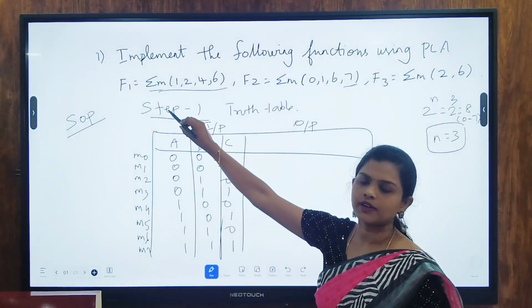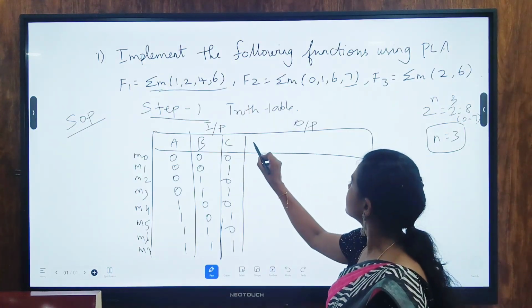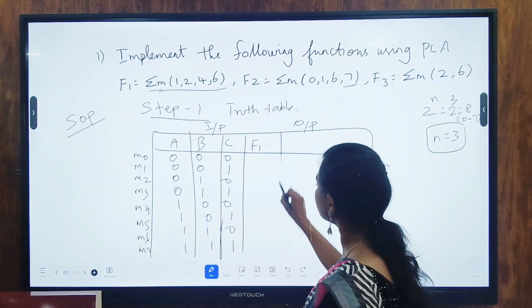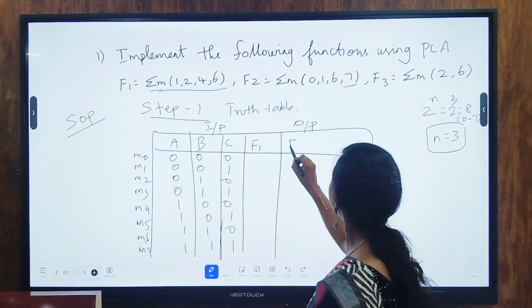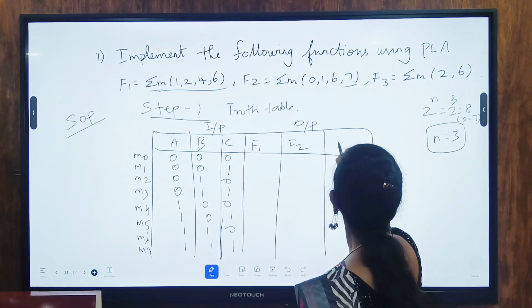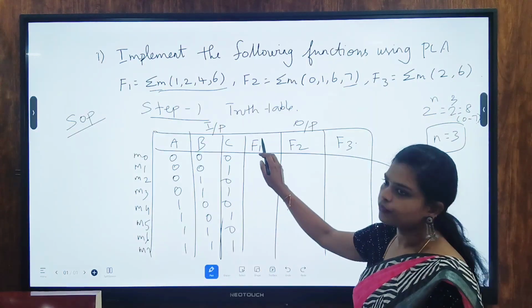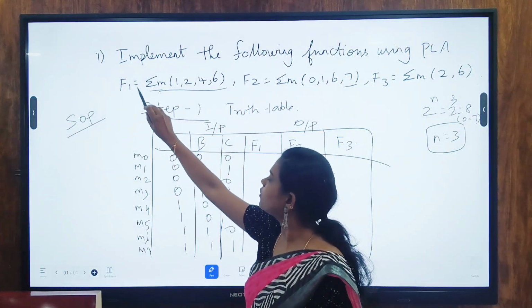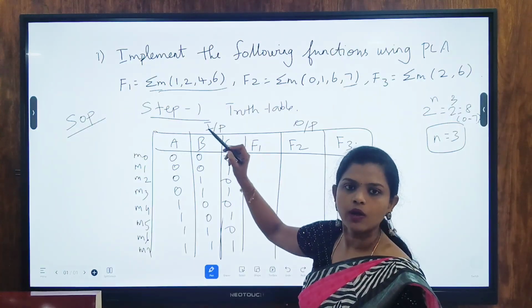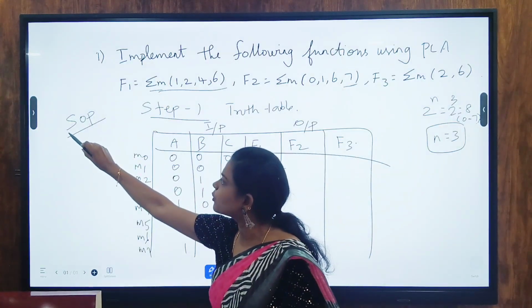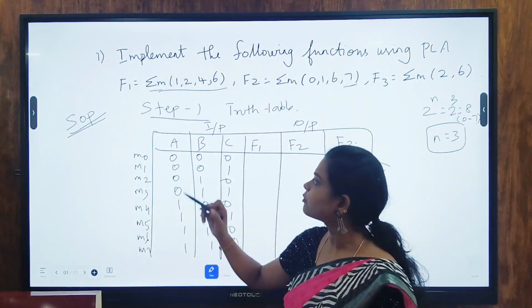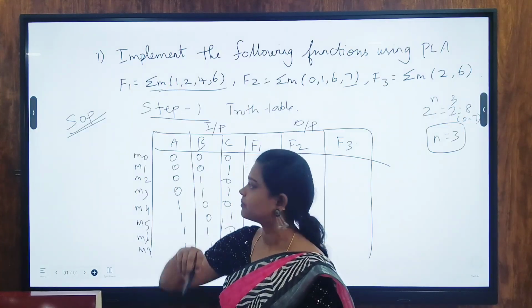What are the output functions? F1, F2 and F3. So I am going to mention the output variables F1, F2 and F3. For the Boolean function F1, what are the minterms present? I am going to plot 1, since this is SOP. If it is POS, I am going to plot 0 for the given maxterm.